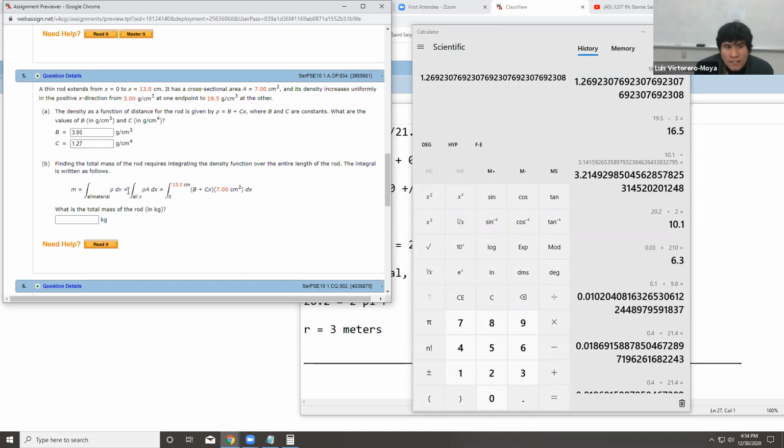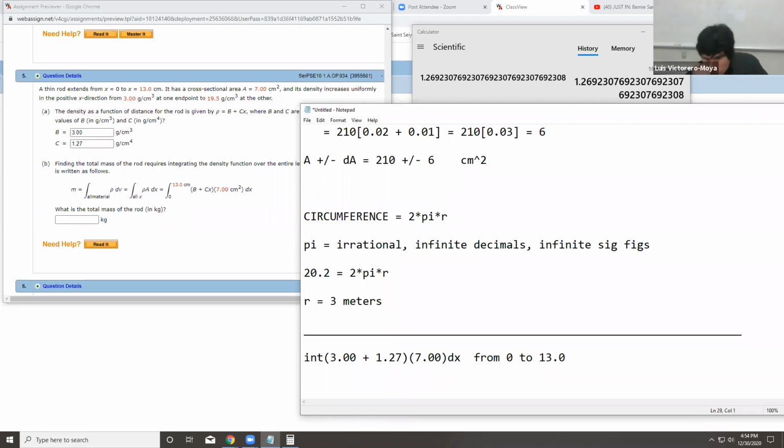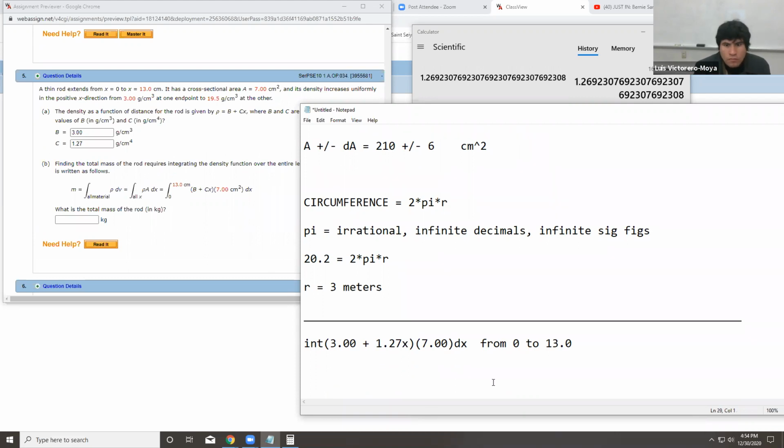And then you have to integrate this with respect to the volume to find the mass. So you integrate this, it doesn't matter here at the end, you can just put this like that. How do you integrate a linear function?